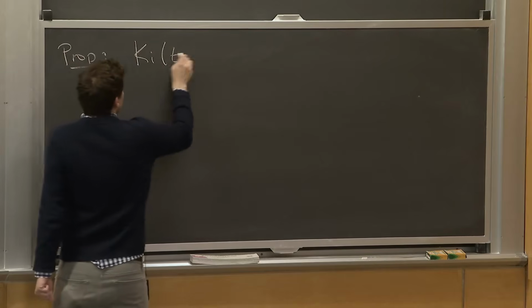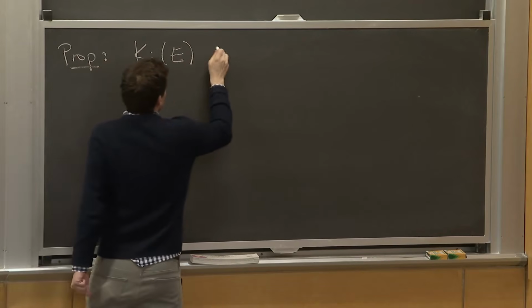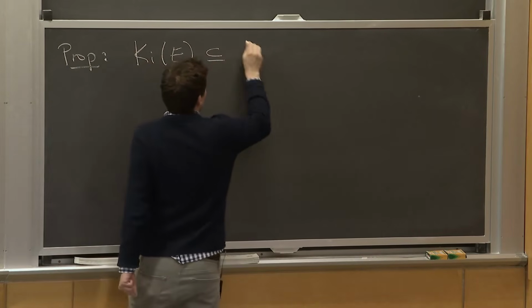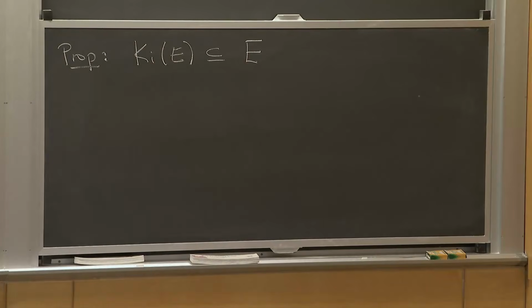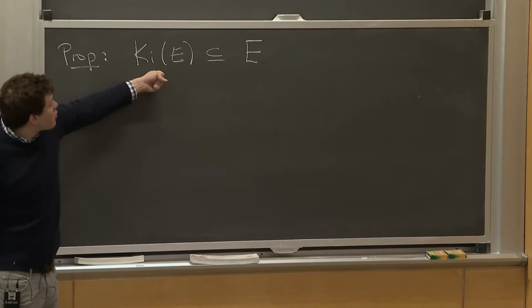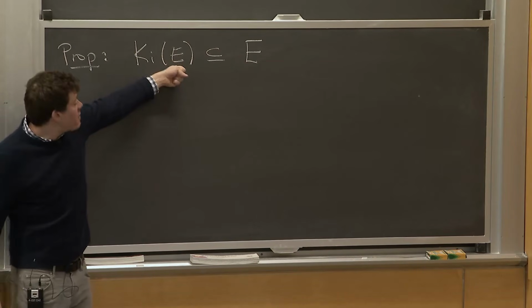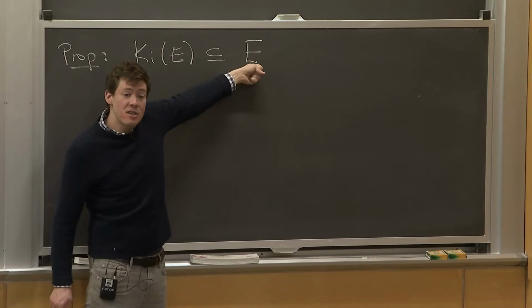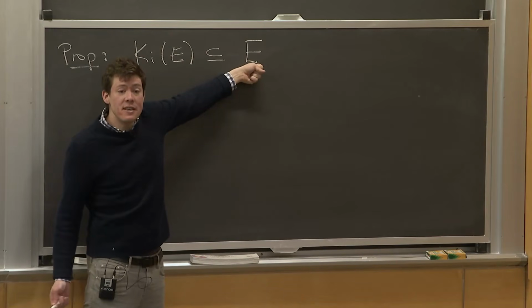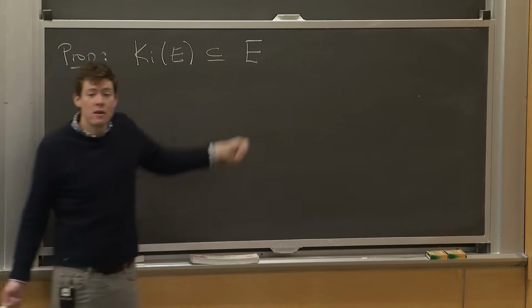Ki of E is a subset of E. So let's understand what this means. This says in any state of the world in which player I knows that E has occurred, it must be the case that that state is actually in E, and therefore the event E has in fact occurred.